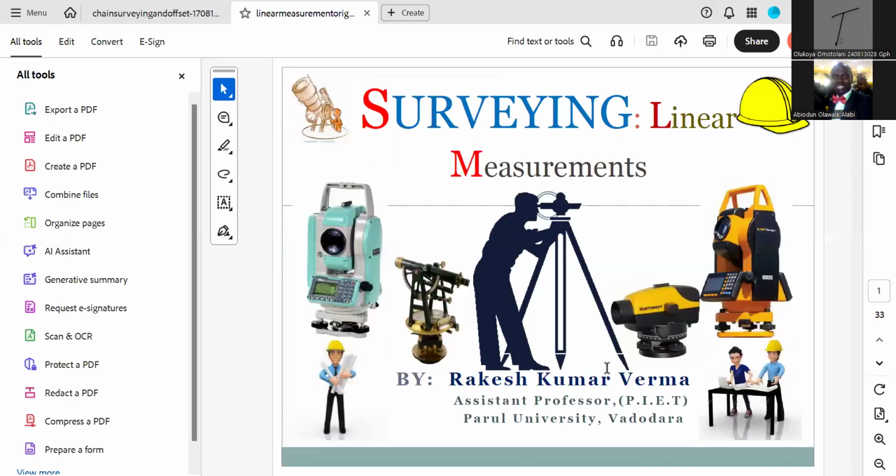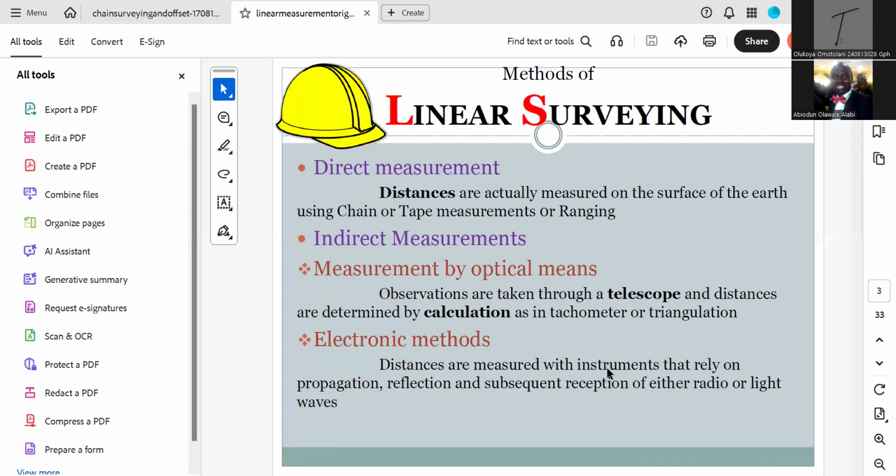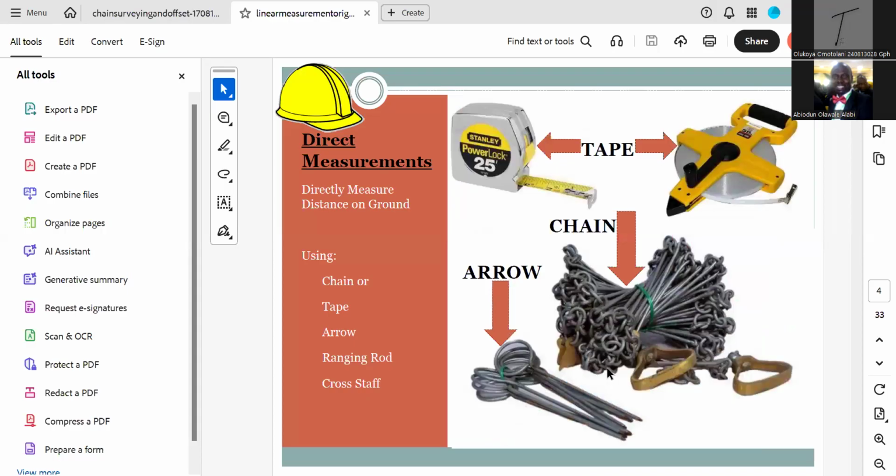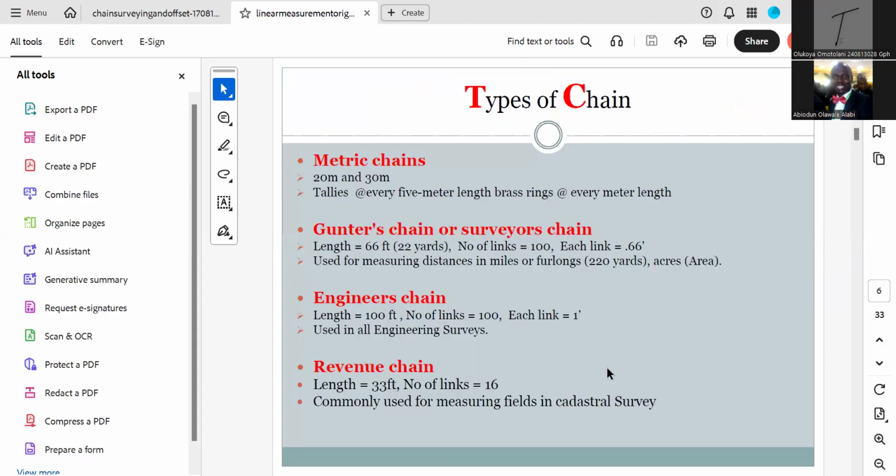I think while we were doing linear measurements, I made mention of them. The instruments you are using are part of the instruments we use for chain survey. As I said at the beginning of this class, in chain surveying, what we do is linear measurements. We do distance measurements.